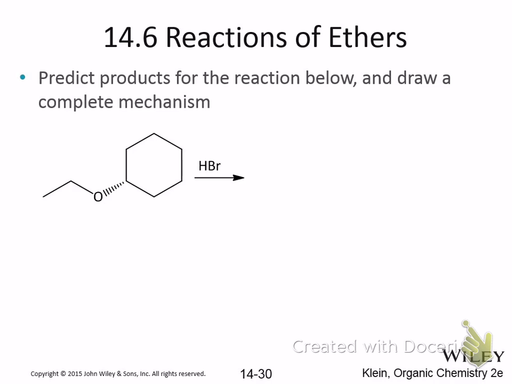Let's do this. Predict the products for the reaction below and draw the complete mechanism. Okay, let's predict the products first. What are the products? You can do it by name. Just put bromines where the oxygen is on each. So put a Br here.